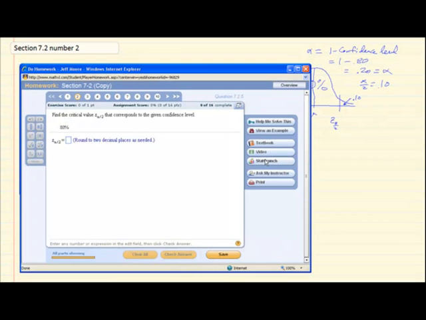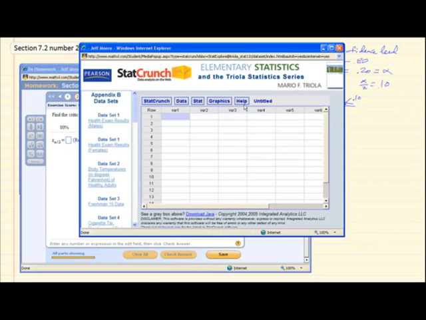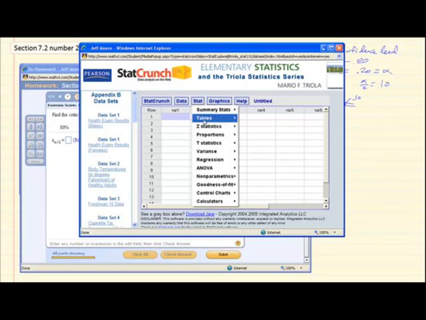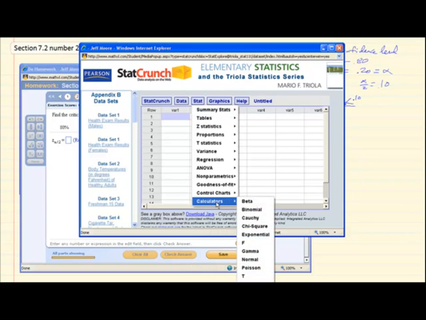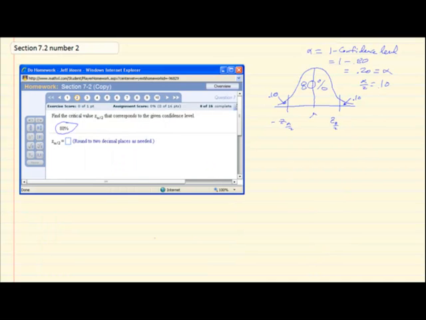So we'll hit StatCrunch, Stat, Calculators, Normal. And what we want is for this picture to look like this picture, where we have 10% in these tails.